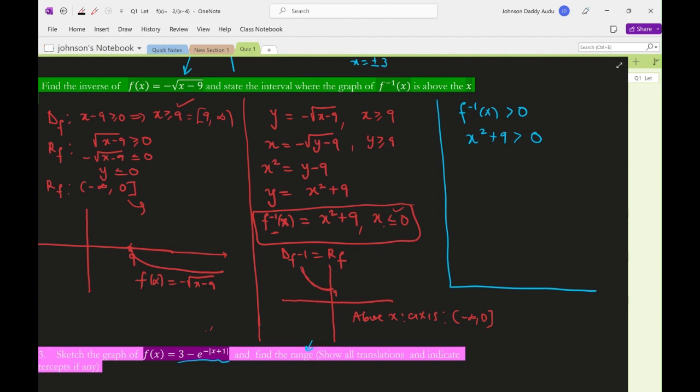And so here you see this will be x squared is greater than minus 9. What do you do? You take the square root of both sides. You will have the absolute value of x is greater than, and this is going to be a negative number here.